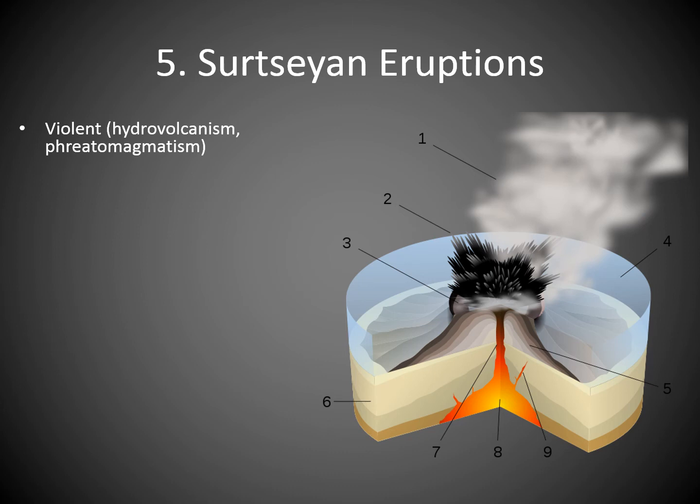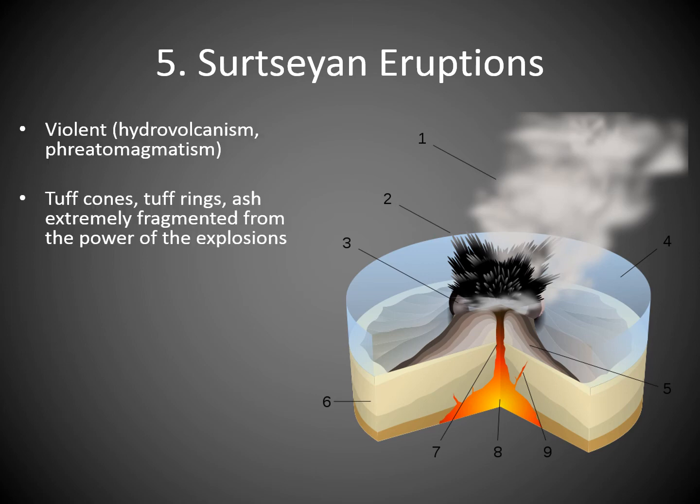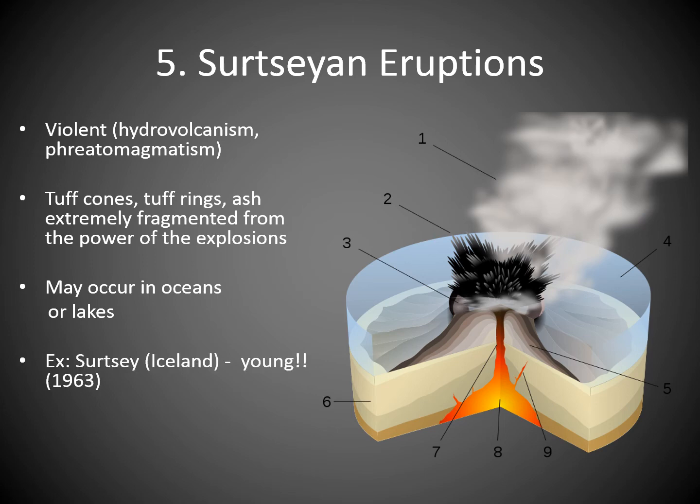I'll show you a video of Surtsey, which popped up in the Atlantic Ocean off the coast of Iceland. There's another volcano in the Philippines called Taal Volcano. It's an island that has a caldera, and then within the caldera, another island formed.